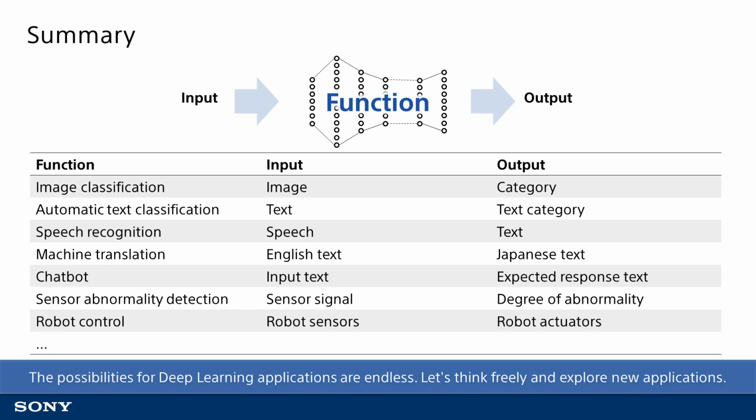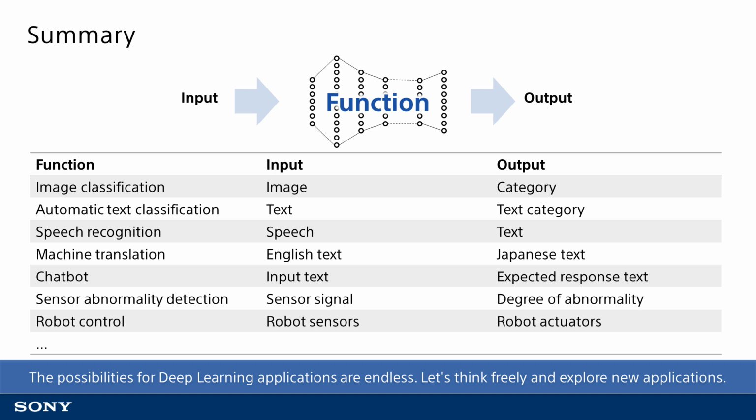As we have seen, deep learning is an extremely versatile technology that makes it possible to achieve a variety of functions by changing input and output in various ways. In this tutorial, we have discussed what can be done with deep learning, but the question of what can be done with deep learning is similar to the question of what can be done with software.